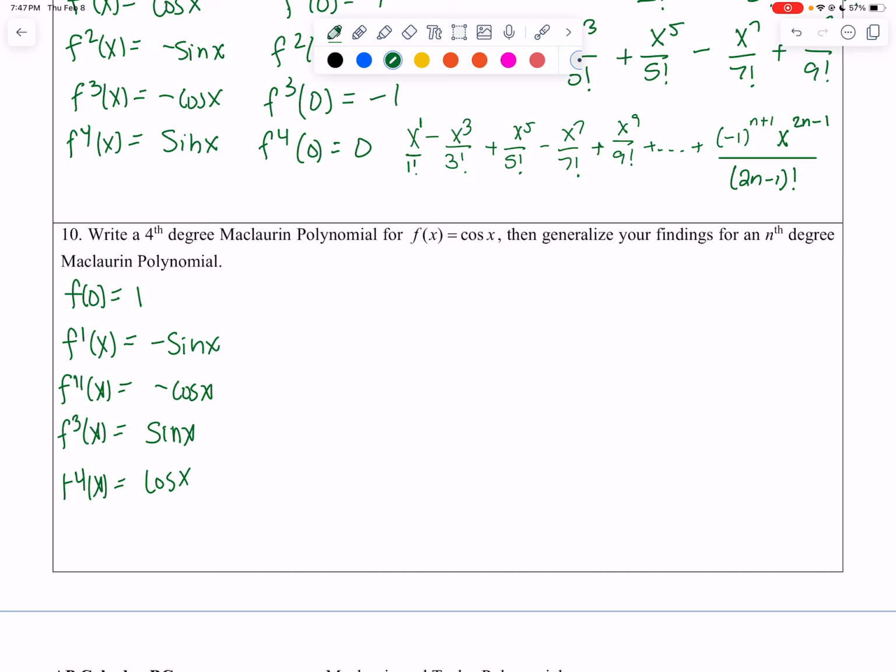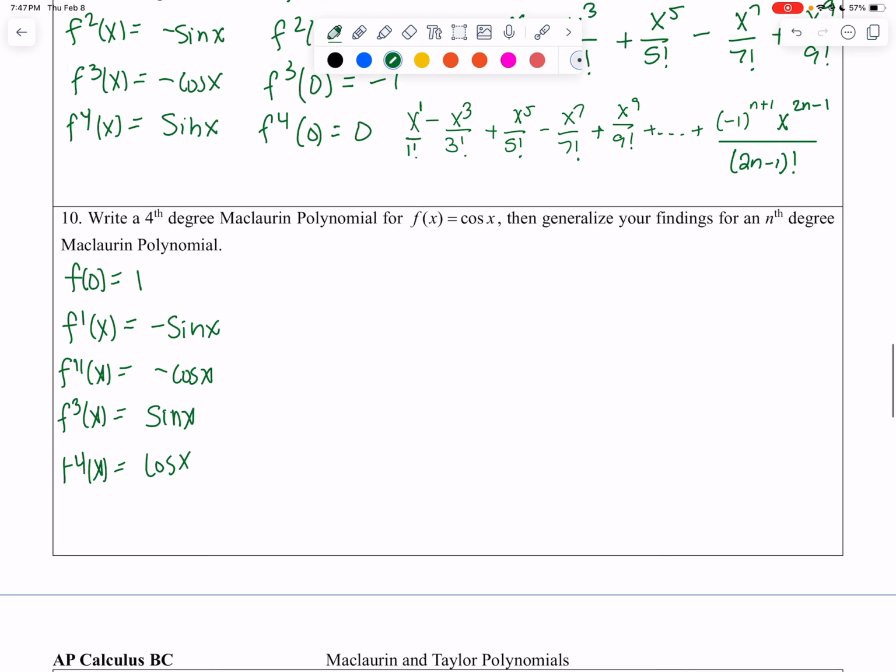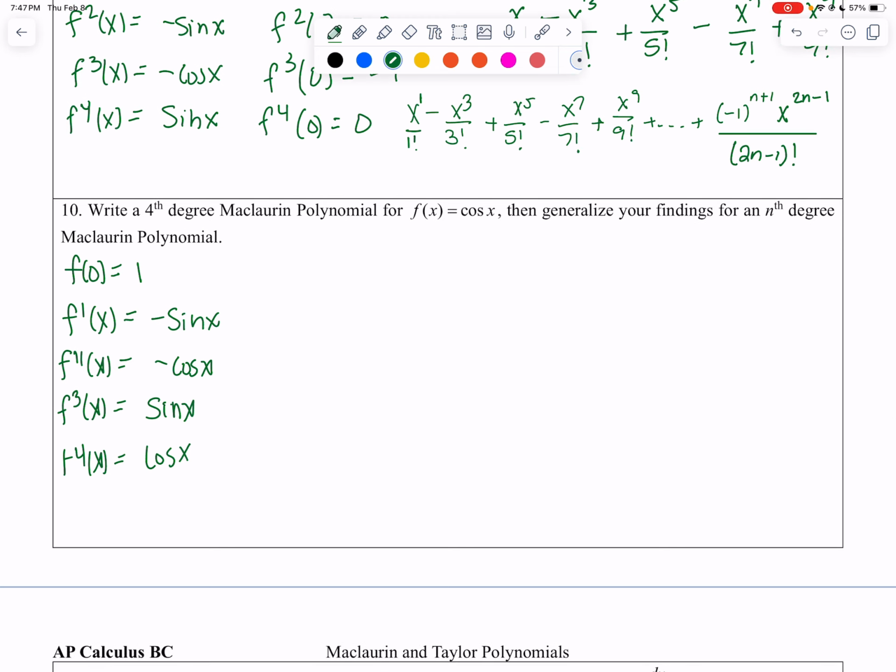All right, so the fourth degree Maclaurin polynomial is going to be 1. Well, first, I probably need to figure out what's happening at 0. Anytime I see sine, that's going to be 0.